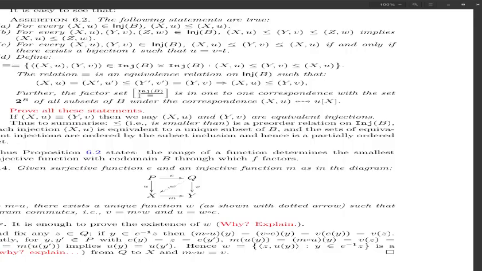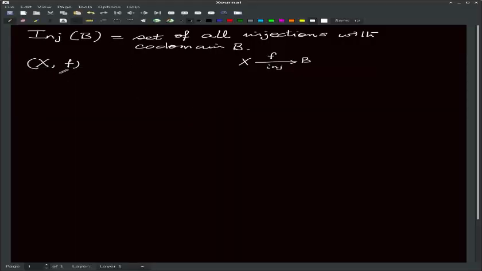Now, remember last time also we did this, we define an order.